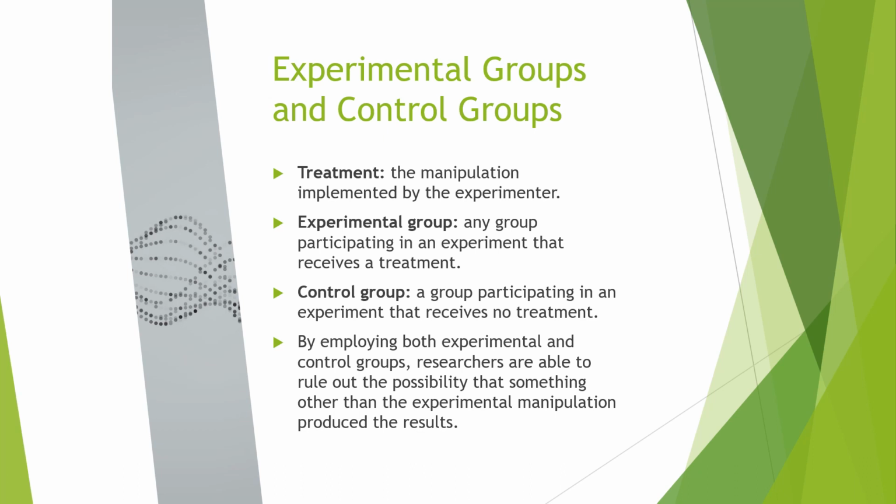That's part of that validity that we talked about previously. So by controlling the treatment, you are sure that it is that treatment and nothing else that caused the change in the other group.